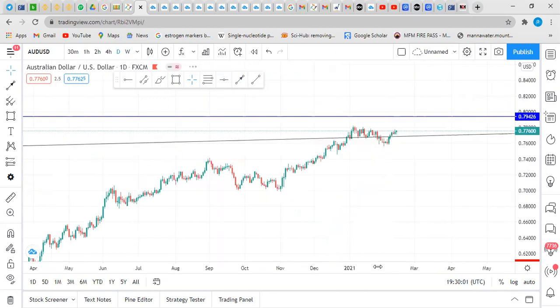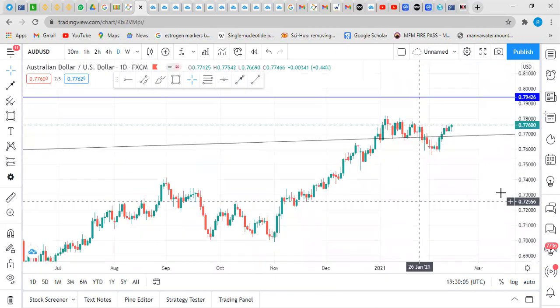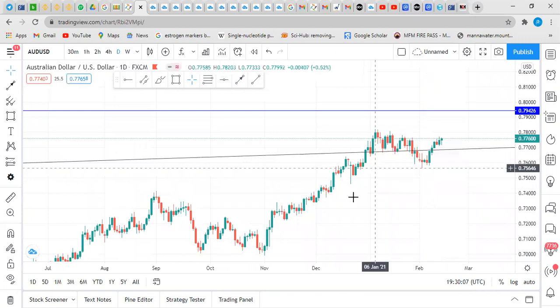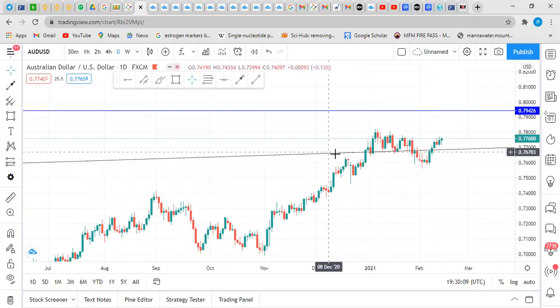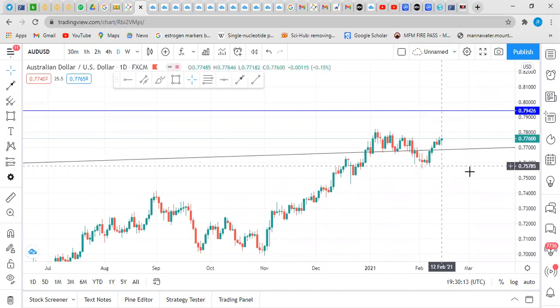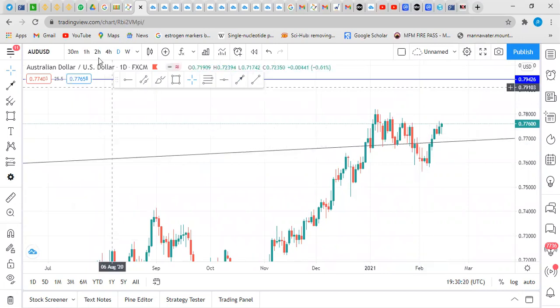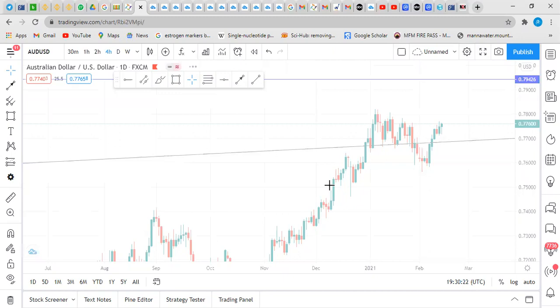If we go on the daily time frame, we see this is the trend line. Don't forget, after the breakout, you see how price tested the zone, and price has been moving since last week. The trend has been bullish. Let's go into our time frame.